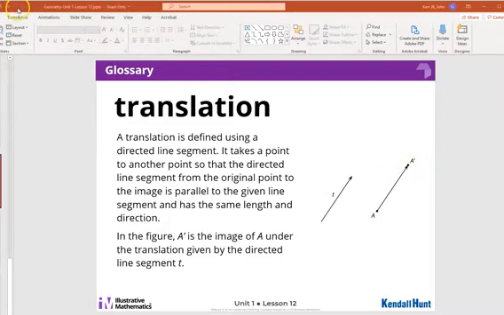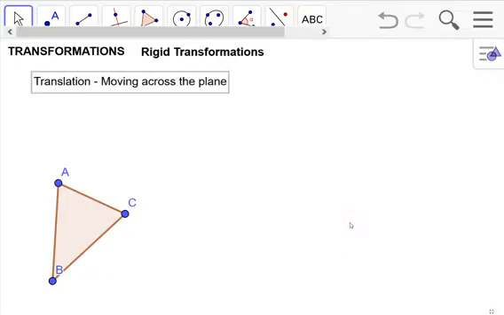So in order to clear this up and make it make sense for you, let's do a couple of translations. So we'll use this same triangle that we've been using before. So if I want to perform a translation, I could translate either a point or I could translate a shape along a particular vector.